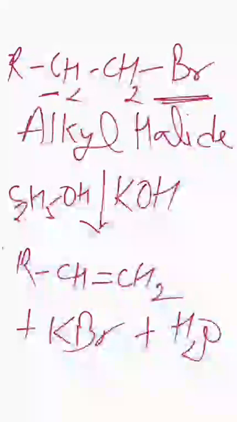So elimination reaction has basically two types. It can take the E1 route or it can take the E2 route. So now we will discuss the types of elimination reaction.